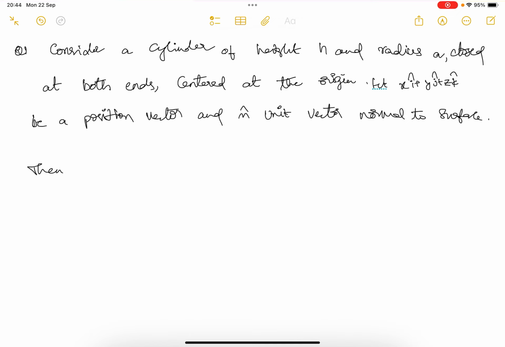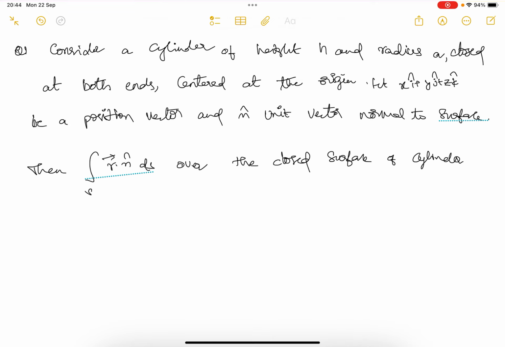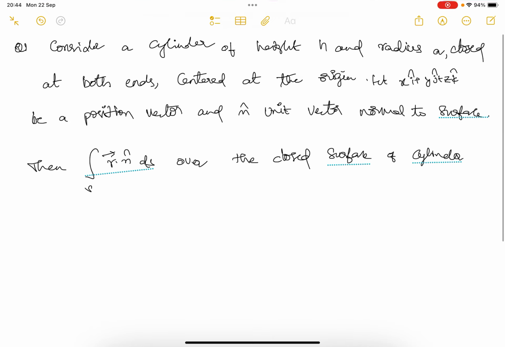Then evaluate the surface integral r bar dot n cap ds over the closed surface of the cylinder. Here it's given the cylinder, so let's start the solution.